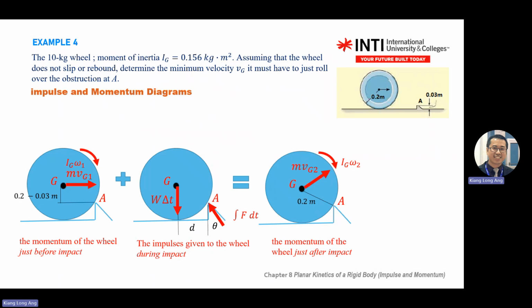It's simple logic. You want to roll over. These two must be balanced, right? To roll over, your weight and A must be balanced. If not, it cannot roll over. The A force must equal at least.